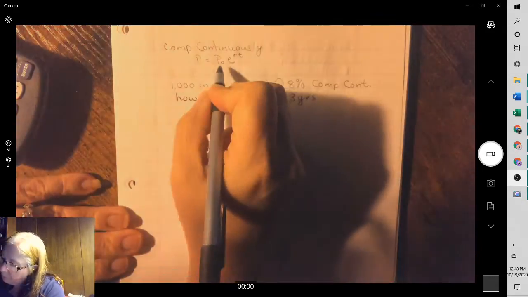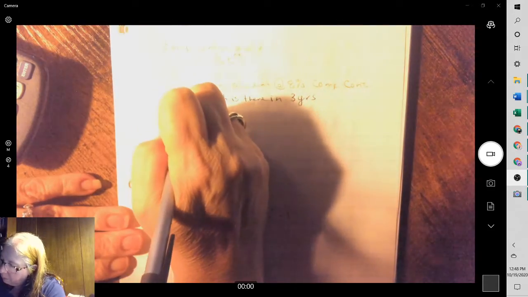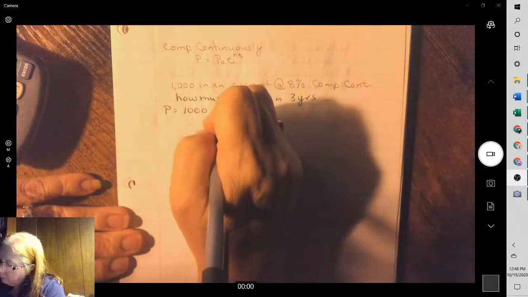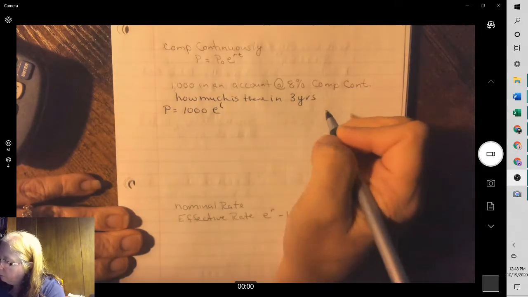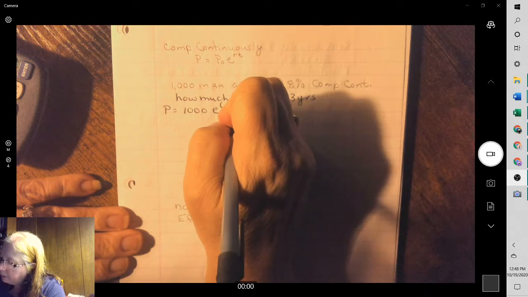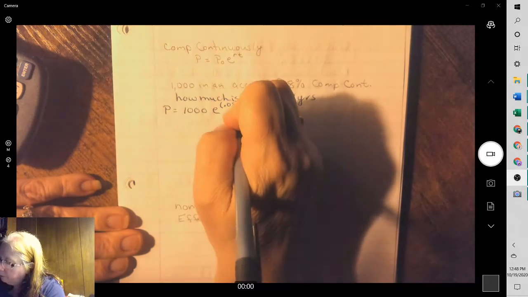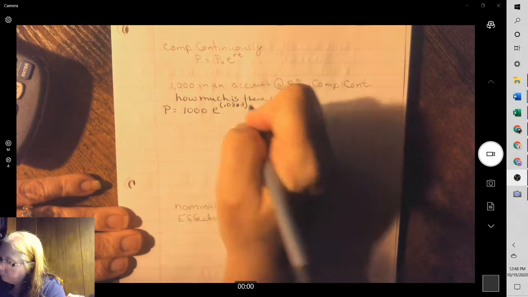So plugging it in, 1,000, e is the function in your calculator, and then r is the interest rate as a decimal, so 0.08, times the number of years.